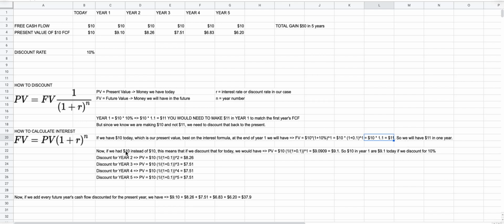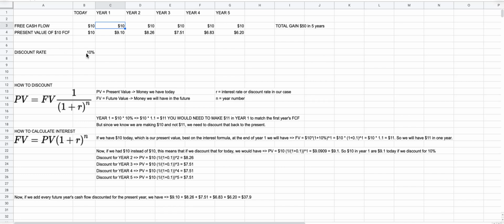But now, since we know that we are having $10 in year 1, instead of 11, this means that if we discount that for today, we would use this formula. So future value here is 10, the value that we know we're getting in year 1. Then 10 multiplied by this expression here, and R is 0.1 because it's 10%.